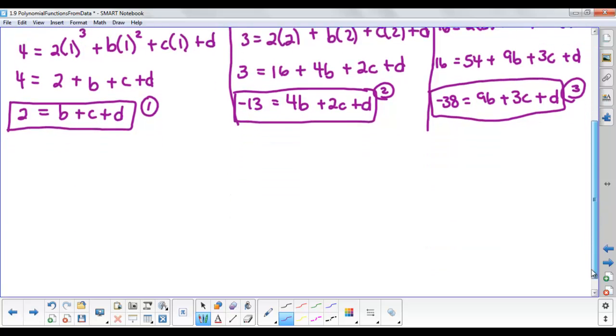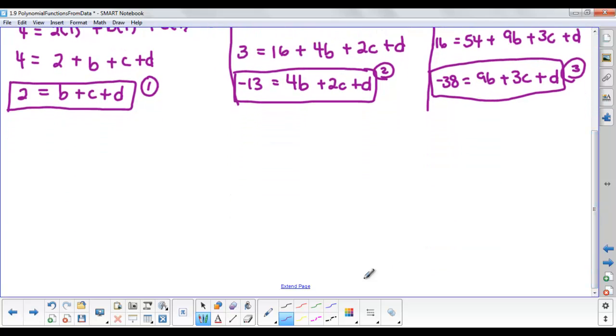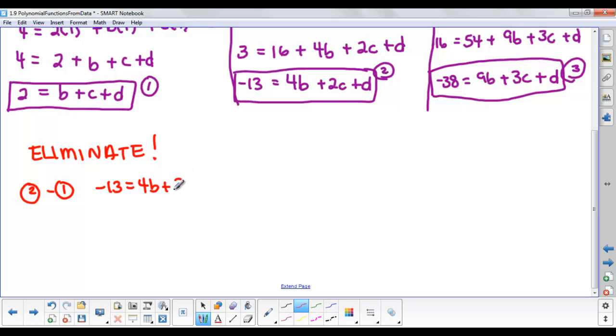Alright, so what we're going to do now is use some elimination. So let's go back to grade 10. And the first thing we're going to do is subtract equation 2 from equation 1. So I'll set that up. Here's equation 2. And here is equation 1.